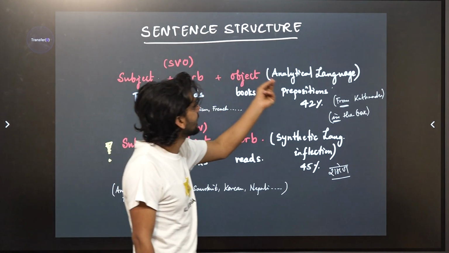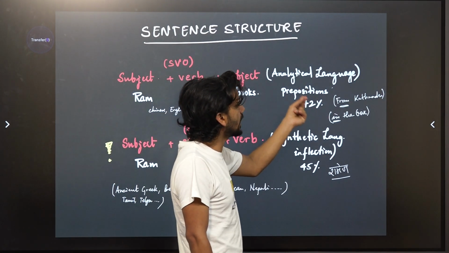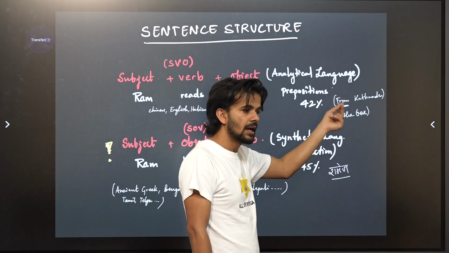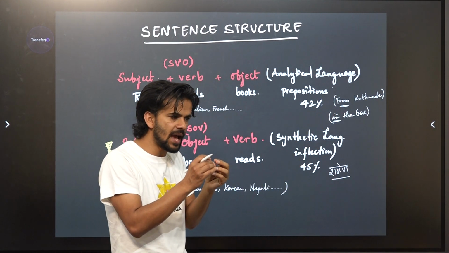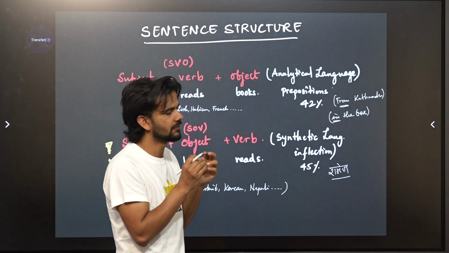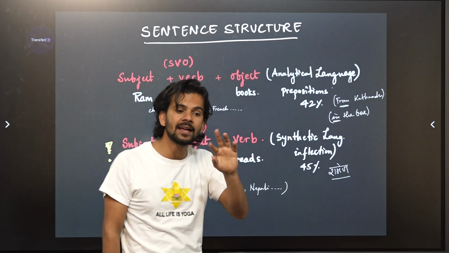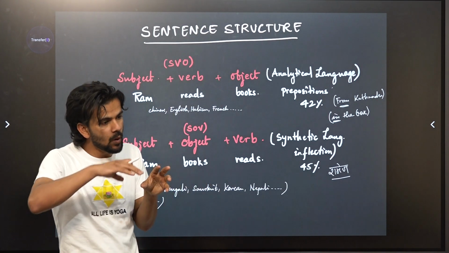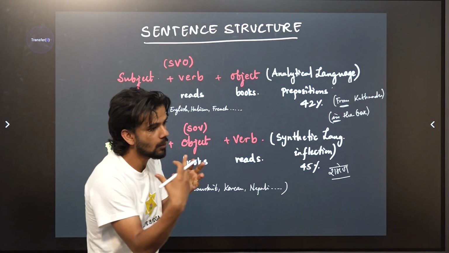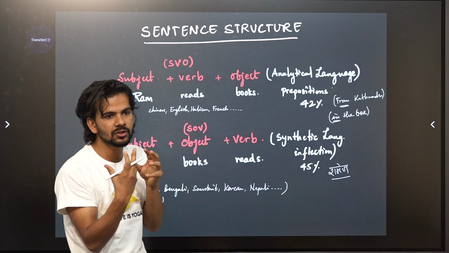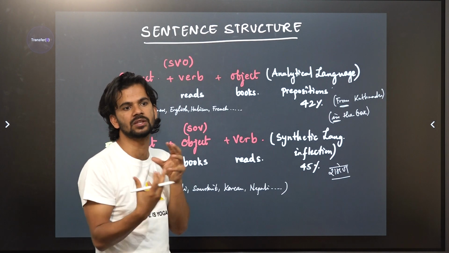What do I mean by analytical language? A language where, to make sense of a word, you have prepositions. For example, from Kathmandu. You need another word to make sense of what is happening with the word, to find out the state or the relation with the word.